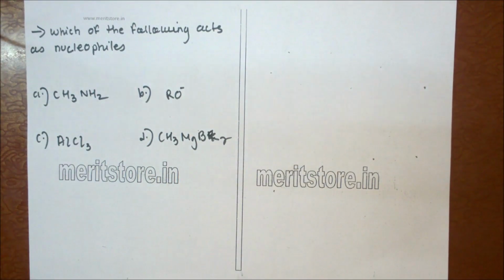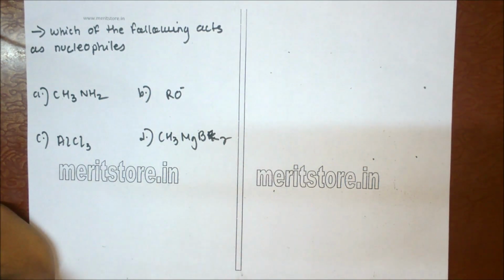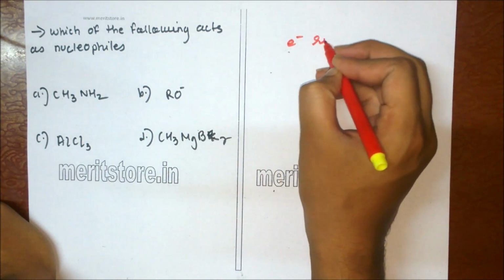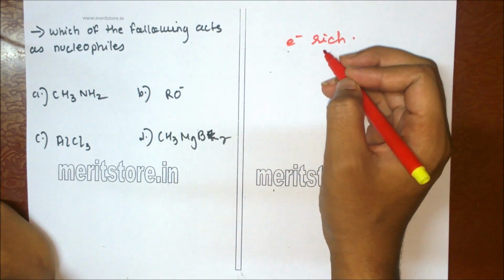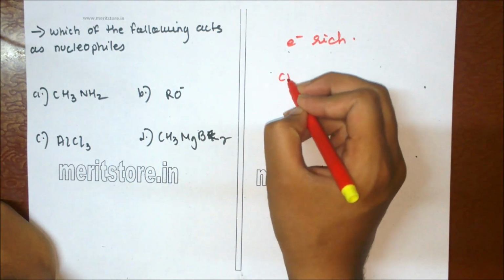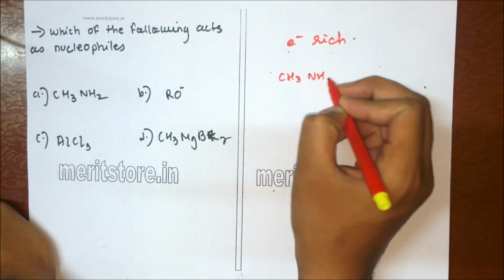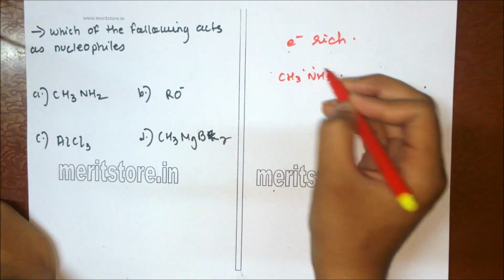Which of the following acts as a nucleophile? Of all the compounds, nucleophiles are the species which are electron rich, which have more electrons or lone pairs in their structure. CH3NH2 has a lone pair on nitrogen.